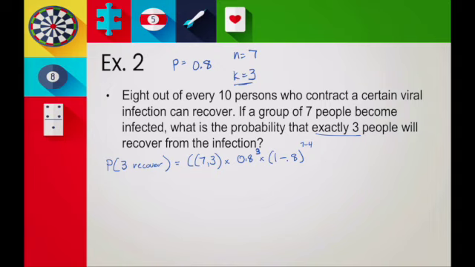Right? So the combination 7 choose 3 is the number of ways to pick 3 people who recover out of 7. Multiply that times the probability of recovery to the power of the number of people who recover.